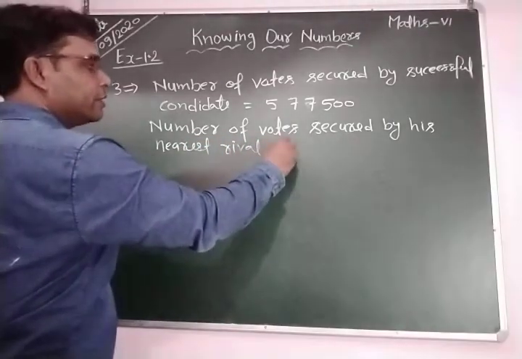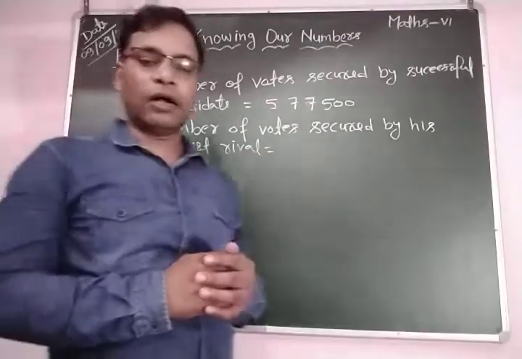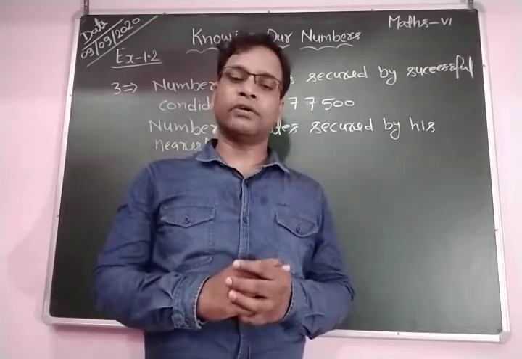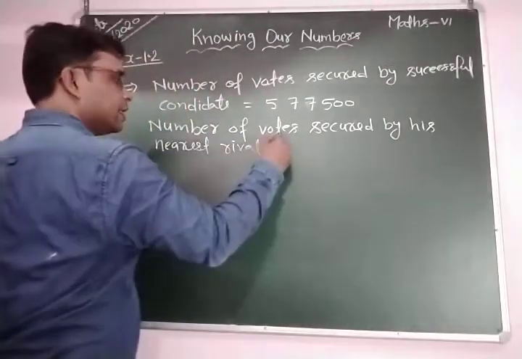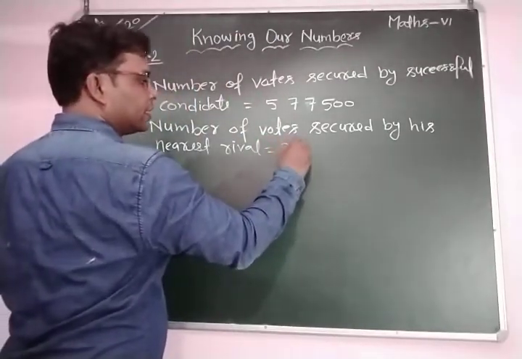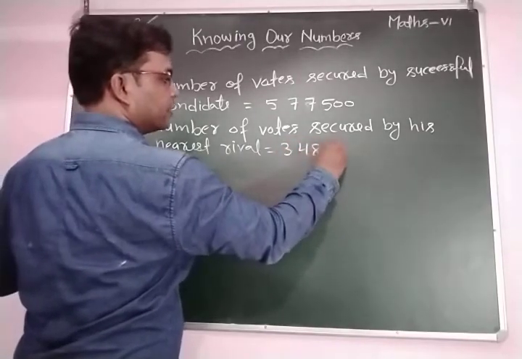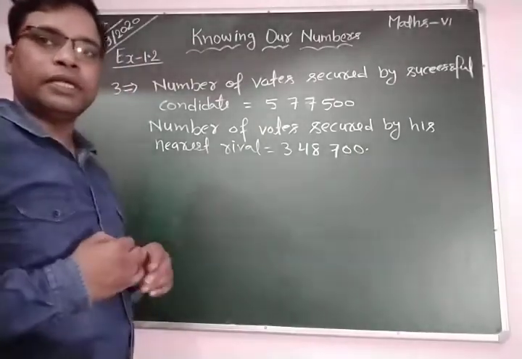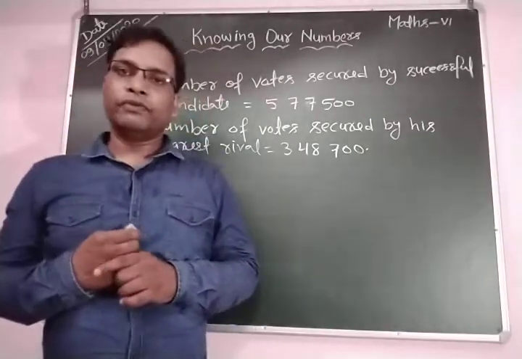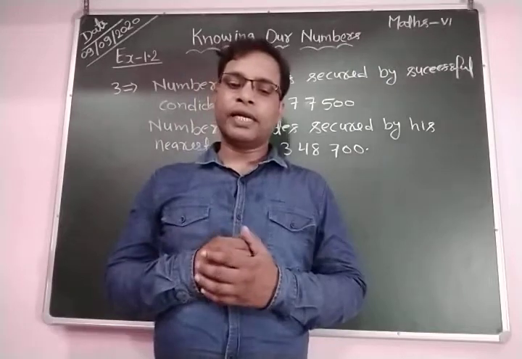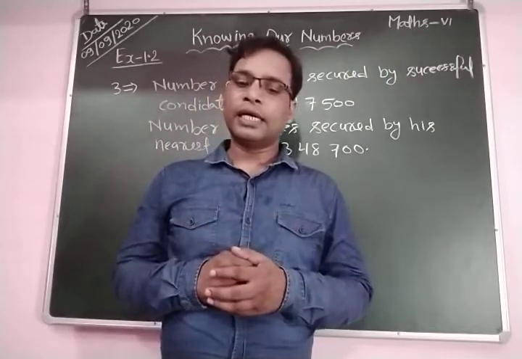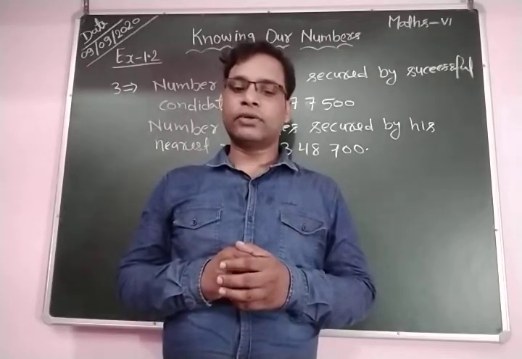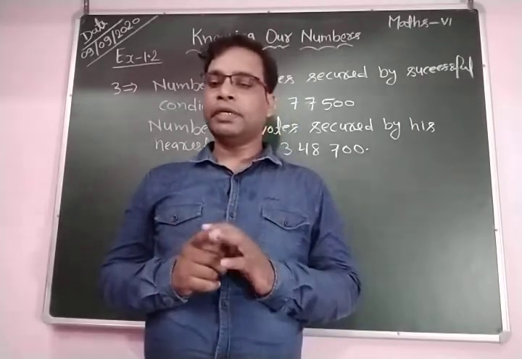The number of votes secured by his nearest rival is given as 3,48,700. This is the information given in the question. So what we need to find here is by what margin the successful candidate won the election. We need to find the margin between them.